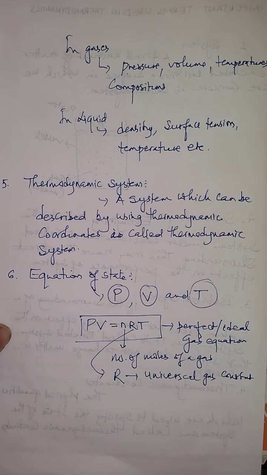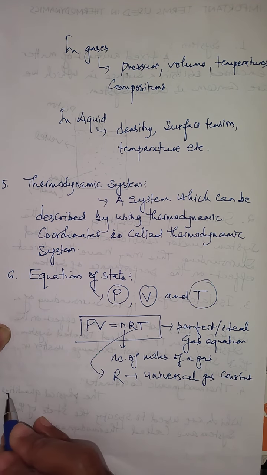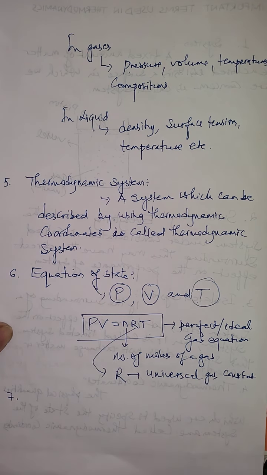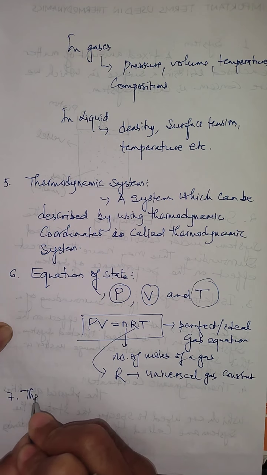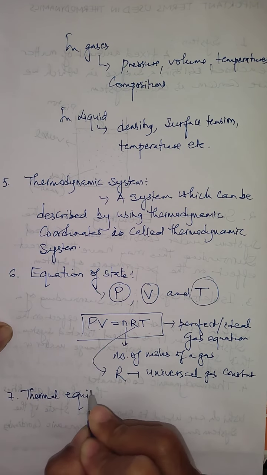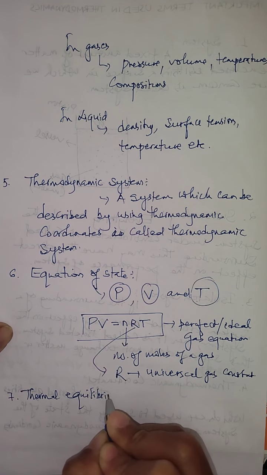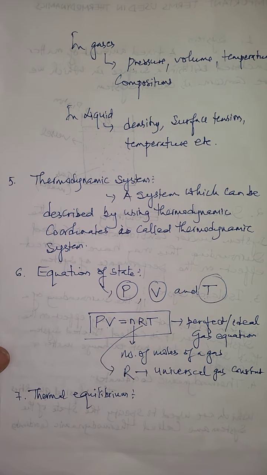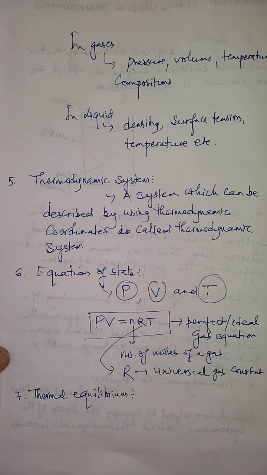Now we have a last term to define, and that is number 7, and the number 7 term is nothing but thermal equilibrium. So we try to understand the term known as thermal equilibrium. And children, you have an idea about thermal equilibrium.